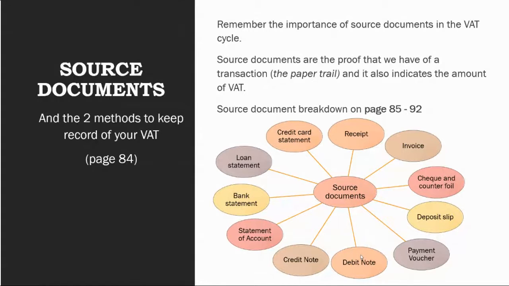Then you have your check and your counterfoil, your deposit slip, your payment voucher, your debit note, credit note, statement of account, bank statement, loan statement, credit card statement. Those are different types of source documents. Now in your textbook, they explain each of these source documents in more detail. They show you what they look like. Please go through that information and familiarize yourself with it.